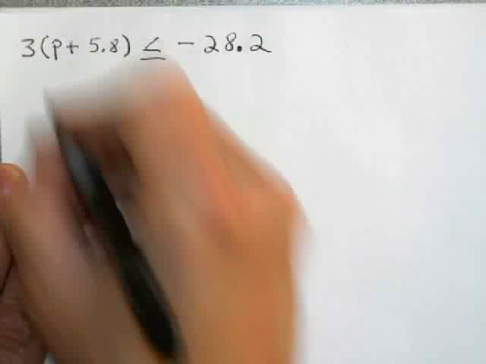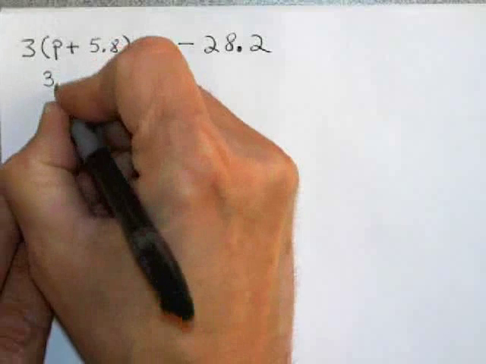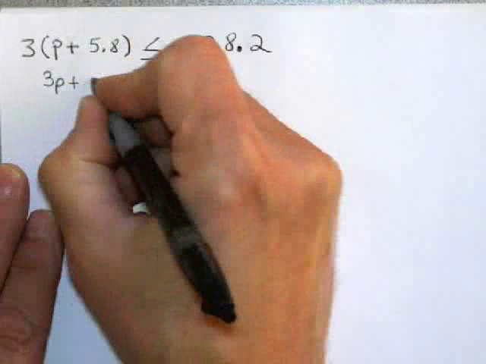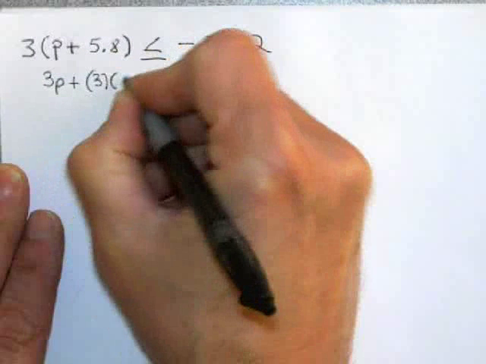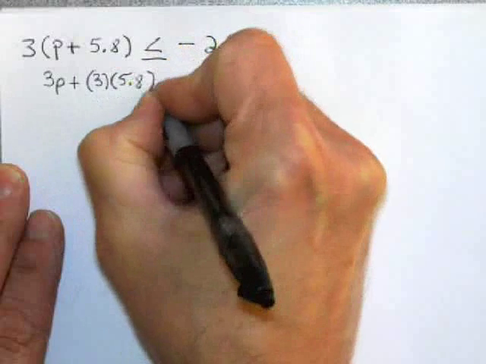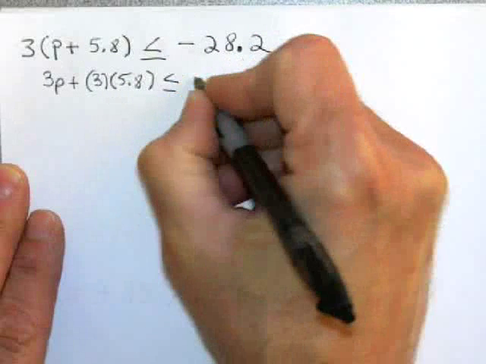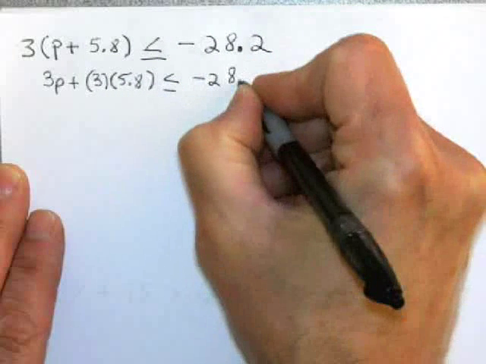The result of that distribution will be 3p plus 3 multiplied by 5.8 is less than or equal to negative 28.2.